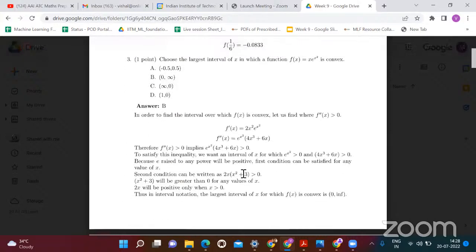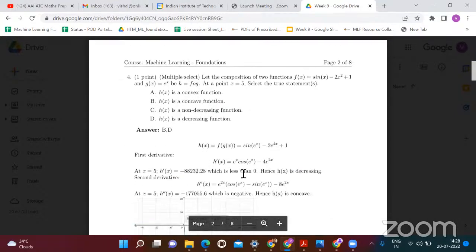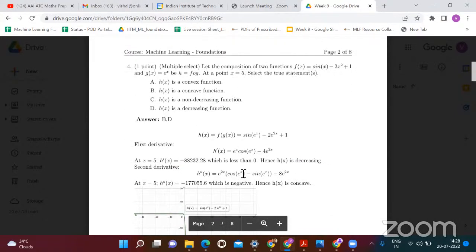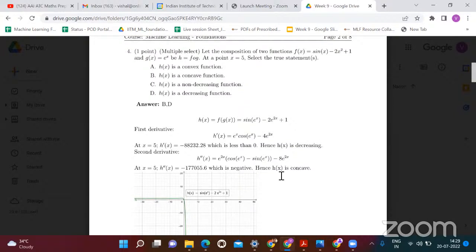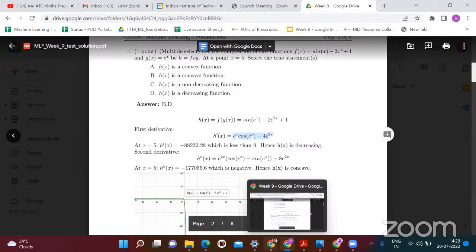Yes, so question number 4. The double differentiation, the second derivative: the e to the power 2x we have taken out common, so with sin x we will get only e to the power x. Can you differentiate this one?